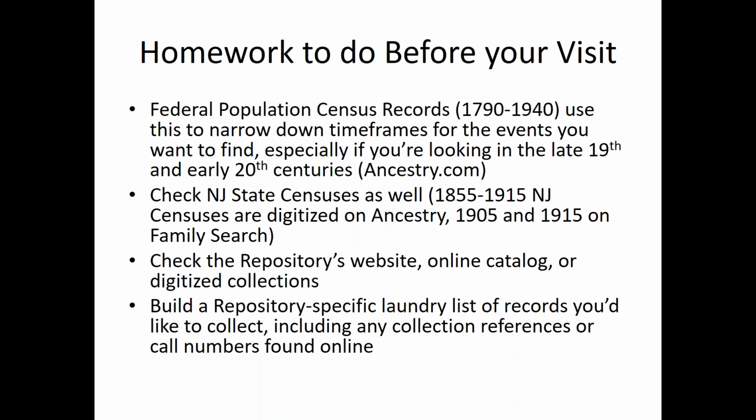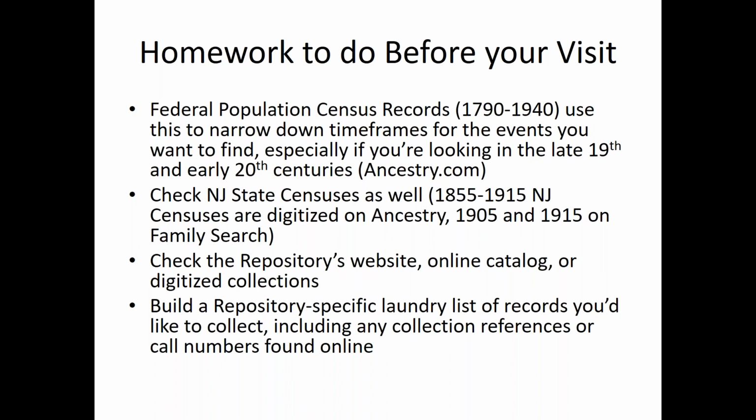And for those of you who did not know, the state of New Jersey also did state censuses, which began in 1855. All of these are now digitized on Ancestry. And 1905 and 1915 are digitized on Family Search.